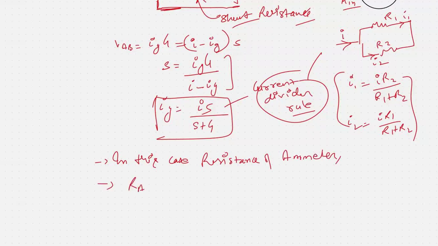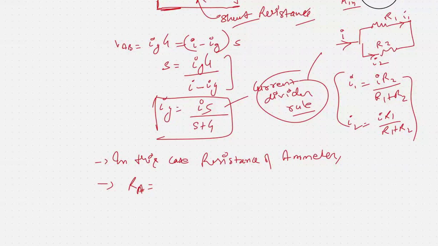What is the net resistance of the ammeter, Krishna? The resistance of the galvanometer in parallel with the shunt resistance.